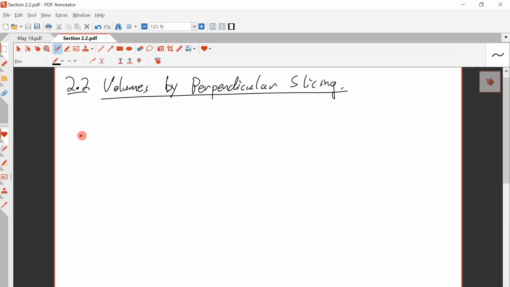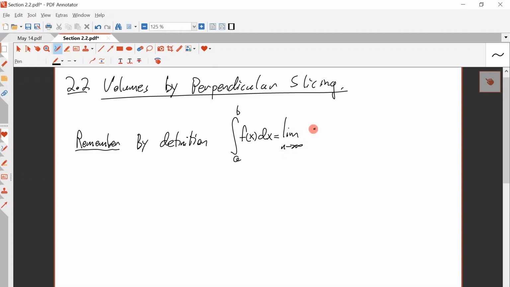So as with section 1.2, remember by definition the integral from a to b of f(x) dx is equal to the limit as n goes to infinity of the sum from i equals 1 to n of f(x_i) delta x, where delta x is (b minus a) over n, and x_i is a plus i delta x.